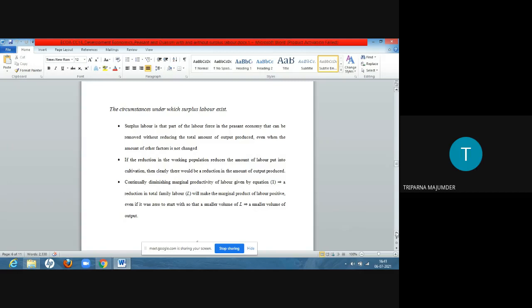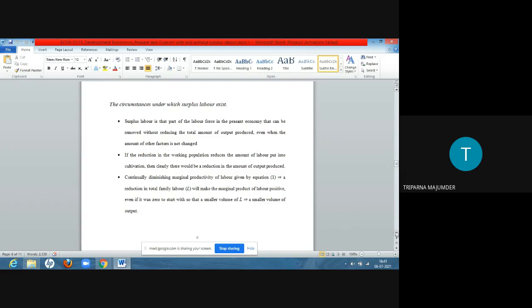Even if we had 0 marginal product at the beginning, continually diminishing marginal productivity implies that a smaller volume of labor means a smaller volume of output.